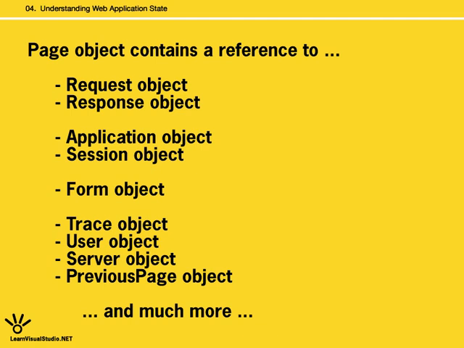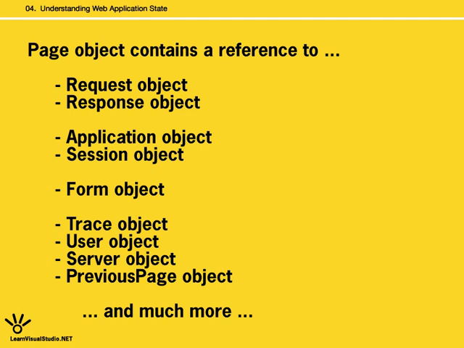And then there's a server object, and that has information about the web server in general and keeps information about like the path, the file path of our specific application as it runs in the server and things of that nature. And then there's an object that's kind of neat called the previous page object, and this gives us information about the previous page that was served to the user before the current page that our request is currently handling, or that our code is currently handling.